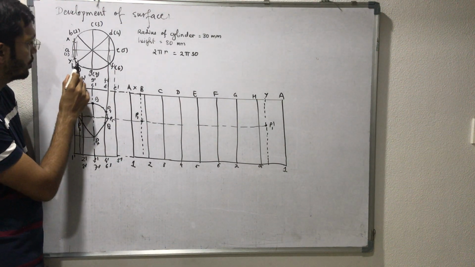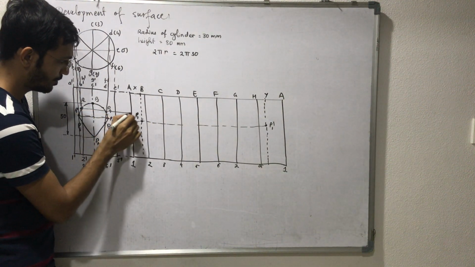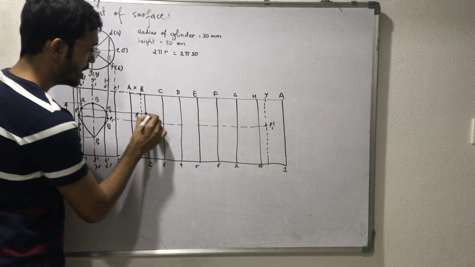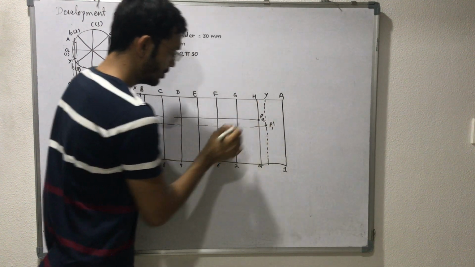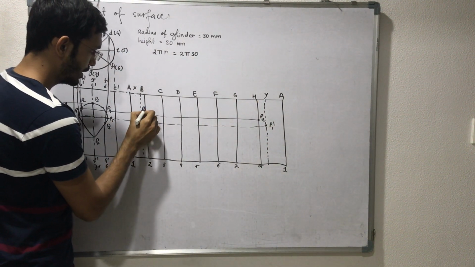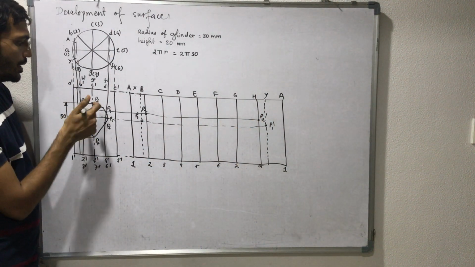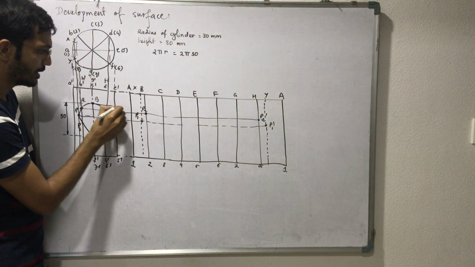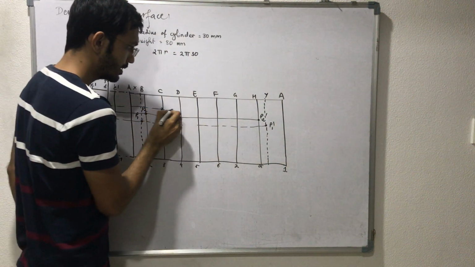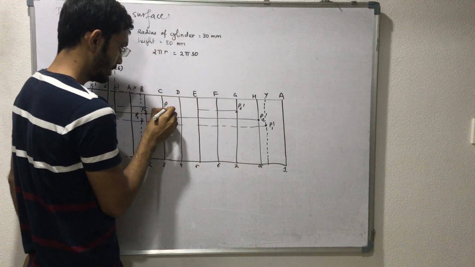Extend P2, that is already on H and B, so P2 and P2 dash. Likewise, let us talk about P3. Which points is P3 on? G and C. So extend P3, that is on C and on G. So P3 dash and P3.